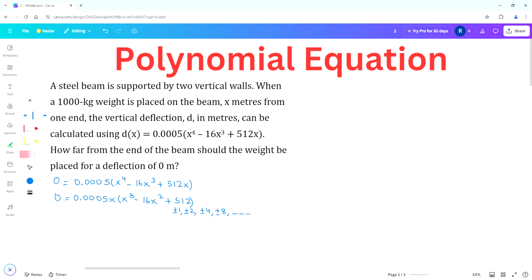We have to sub in these x values one by one in the cubic polynomial to find out which of these x values make the cubic polynomial equal to 0. We can start with plus 1, then minus 1, and then go down the list. The x value that will make the value of this cubic polynomial equal to 0 is 8.